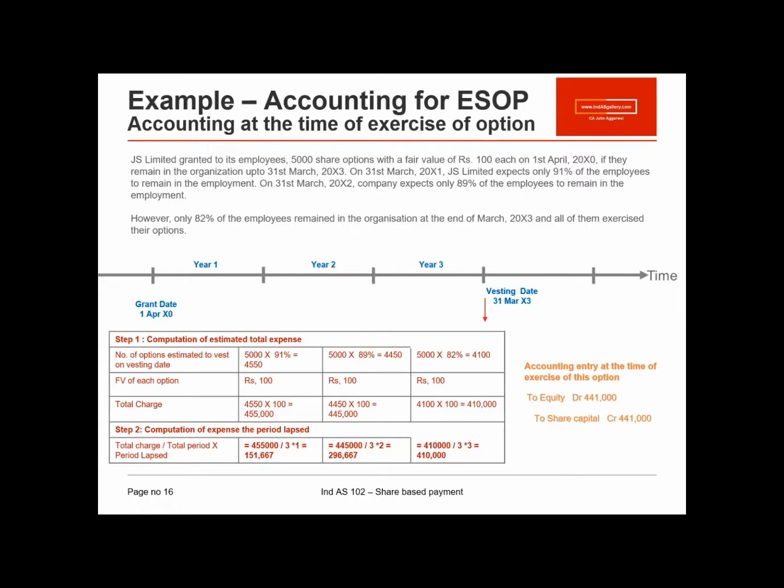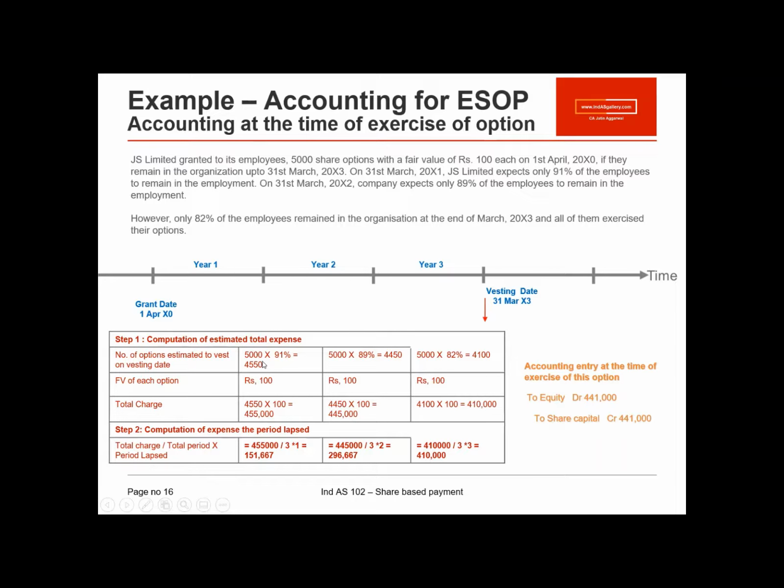But if you were also having a performance condition, you would also make an estimation based on this performance condition, whether that sales target will be satisfied or not at the end of year 3. So for both these conditions, performance condition and service condition, every reporting period, you'll make an estimation of the estimated number of options that would satisfy these two conditions, and then do this entire computation, right?